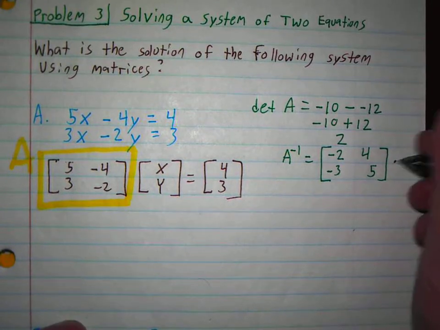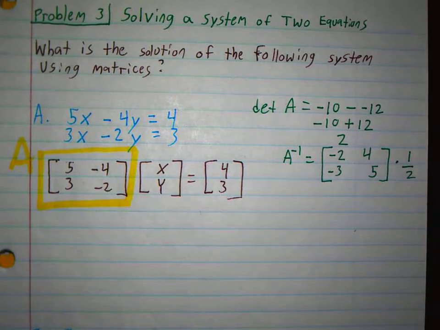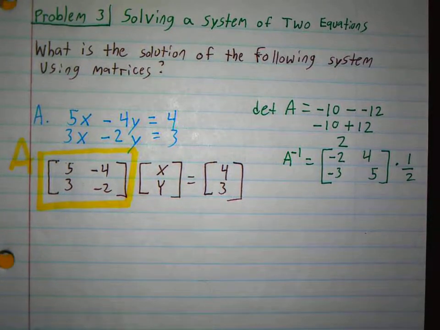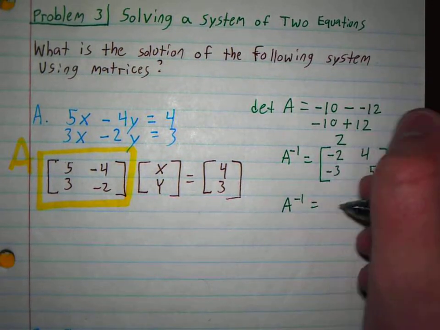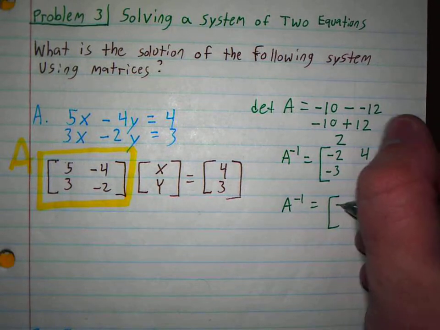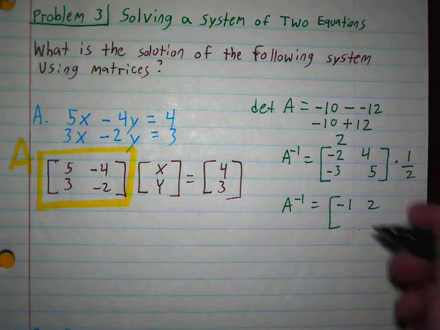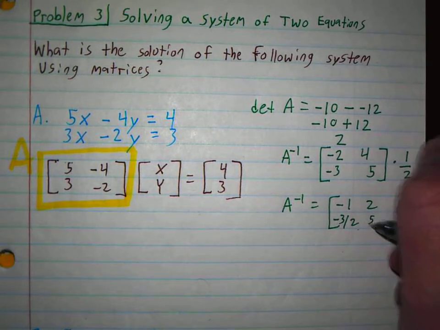I'll just put it here. This is usually right there. It won't make any difference in this case. So I need to take each of these numbers divided by the determinant, which was 2. So the inverse is really -2 divided by 2 is -1. 4 divided by 2 is 2. And then -3 divided by 2. And 5 divided by 2.